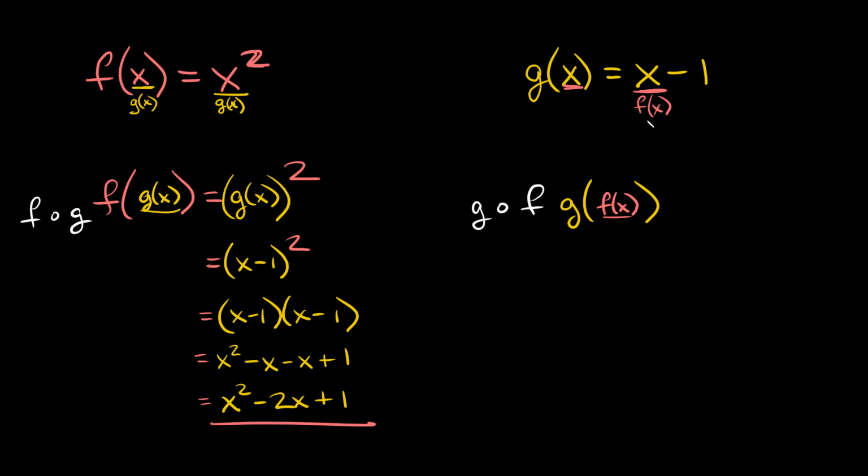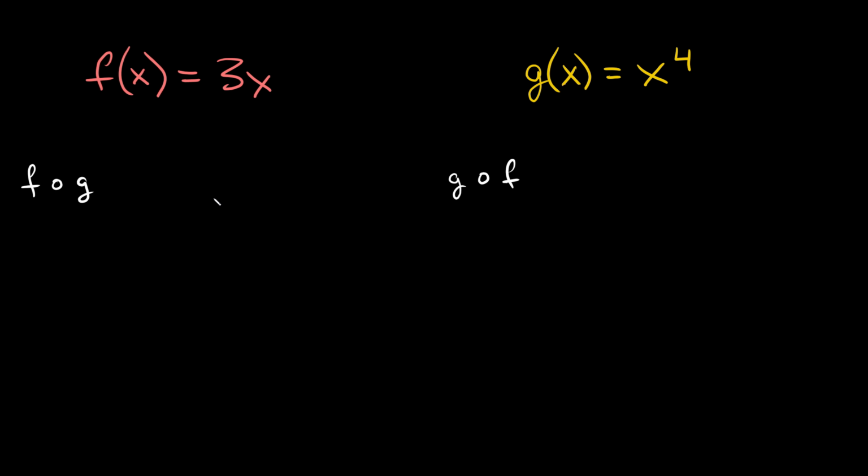So we simply plug in an x squared right here for this x. So g of f of x is going to be equal to x minus 1, but remember, we plug in x squared for this x. So we're going to have x squared minus 1. This is already as simplified as we can write it, so this would be our final answer.